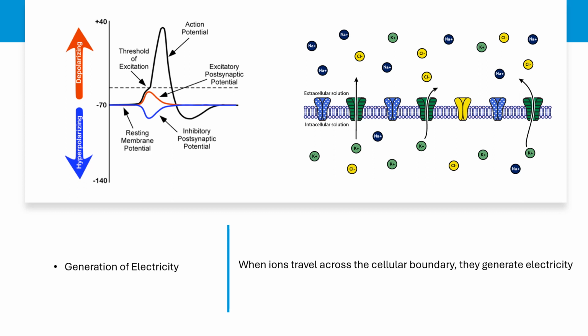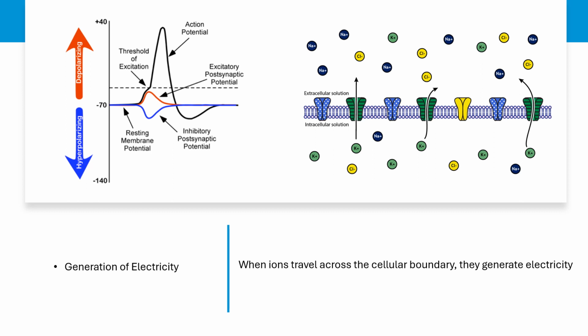To overcome this overshoot potential, this third gate starts to open, and this third gate allows 3 sodium and 2 potassium to transfer. The 3 sodium from the intracellular region go to the extracellular region.